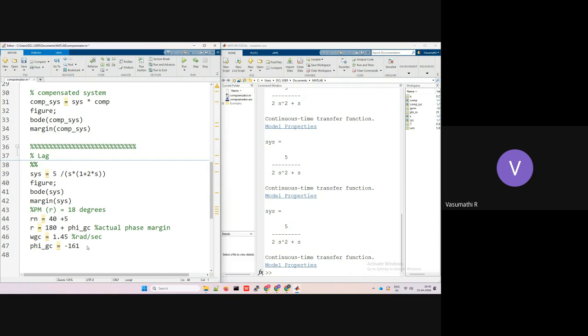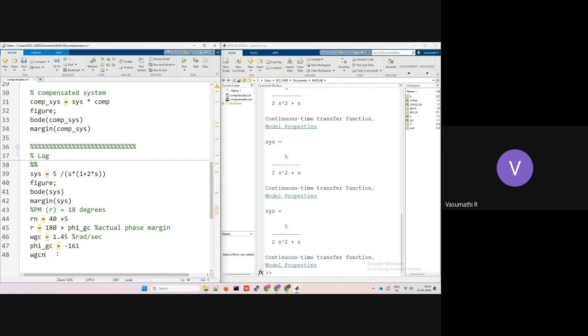Now you have to find a new gain crossover frequency, omega GCN, instead of omega GC, which is the actual gain crossover frequency from your Bode plot. The next step is to find the new gain crossover frequency.